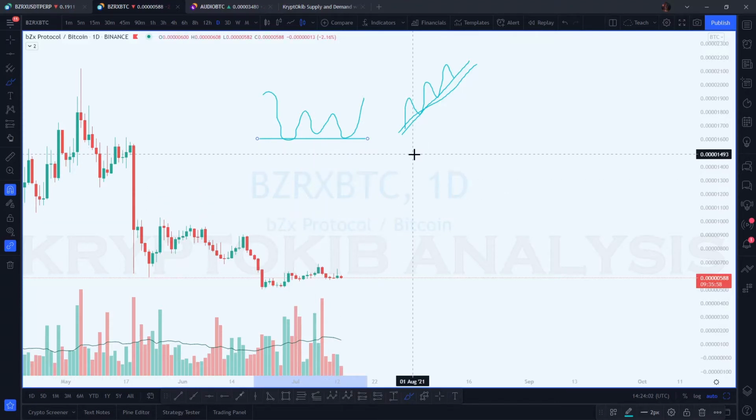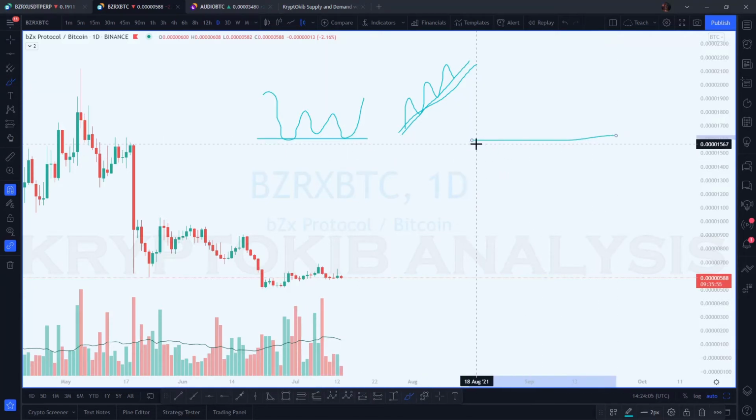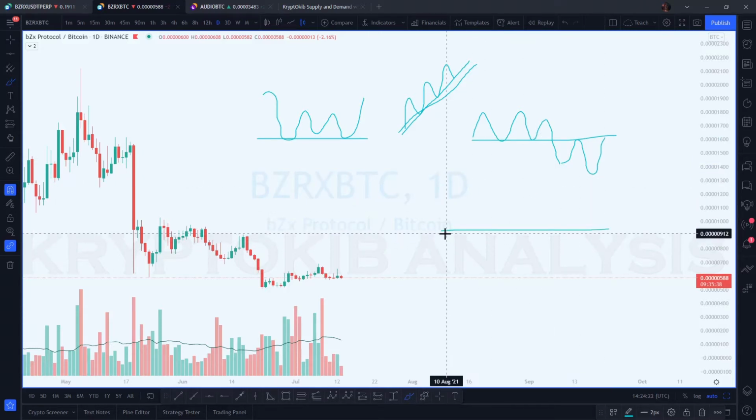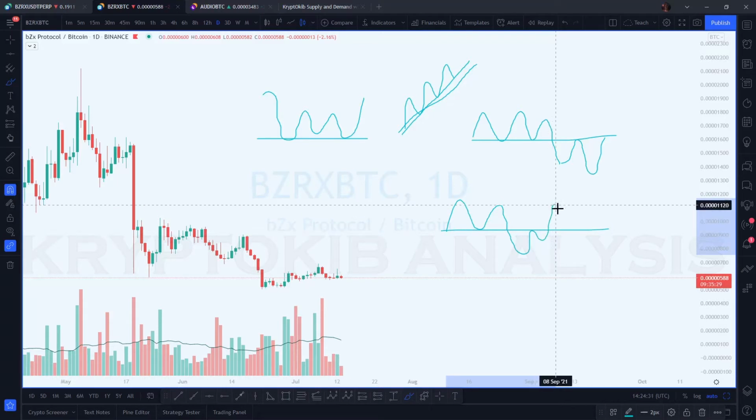Also, in support and resistance, if you have a support that has been supporting price for a while and then it breaks down, it is expected that this broken support will turn back into resistance and keep price down. The floor of support that has been supporting price for quite a while, when it breaks, becomes resistance, and then when it breaks up, it gets reclaimed as support. So these are the expectations for support and resistance. I am using support in this example, but the inverse is true for resistance.